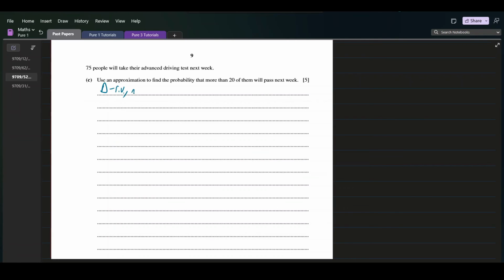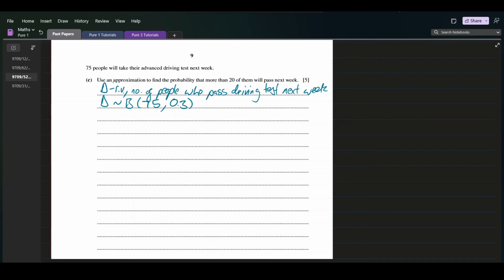This is the number of people who pass the driving test next week. So D follows a binomial distribution, and n is 75 and p is 0.3.